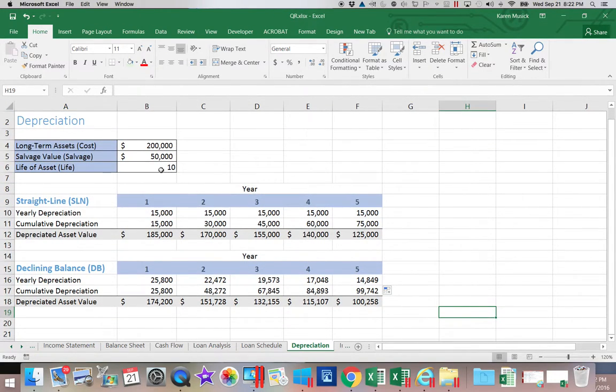Now, so that you can see this even better, let's switch this to a 5-year life just for a minute. And notice the beginning depreciation here started out higher, and at some point in the middle, it drops below the straight line.